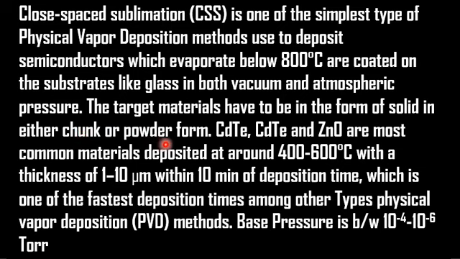So basically, the precursor material which is used in closed space sublimation must be in the form of solid, chunk or powder form.